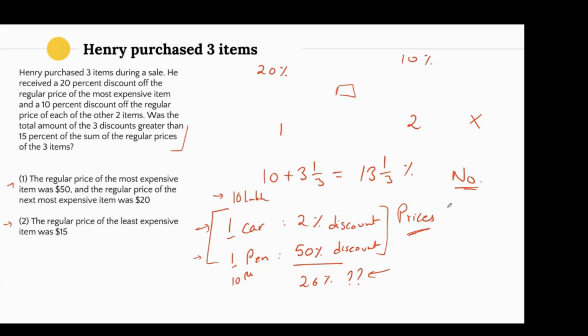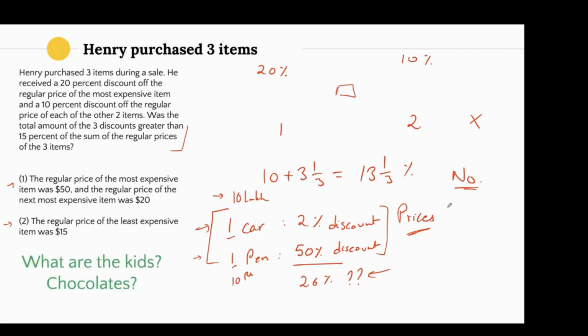Tell me, anyone unclear about this? That to figure out the overall discount, what I care about really are the prices, not the number of items. So many times in average questions, the issue becomes essentially, what are the kids?